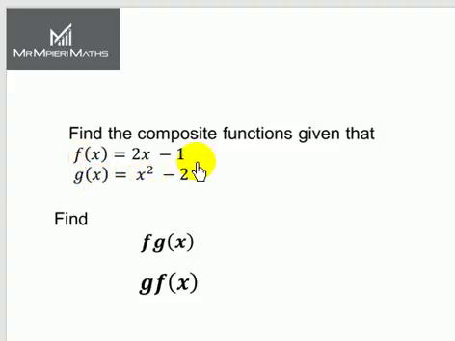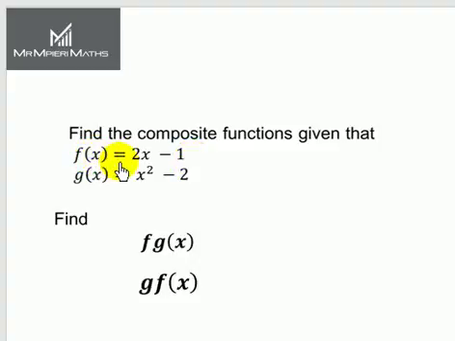Remember, these are just functions. In the past, rather than saying f of x, you could write y equals 2x minus 1. They are functions. But let's focus on this particular one.